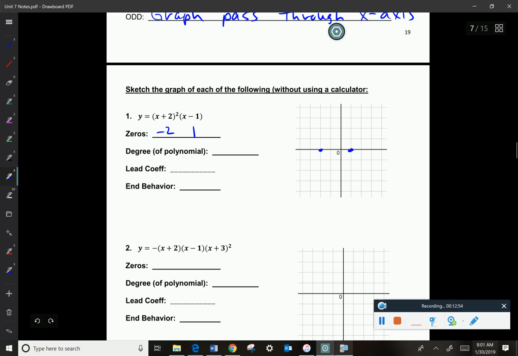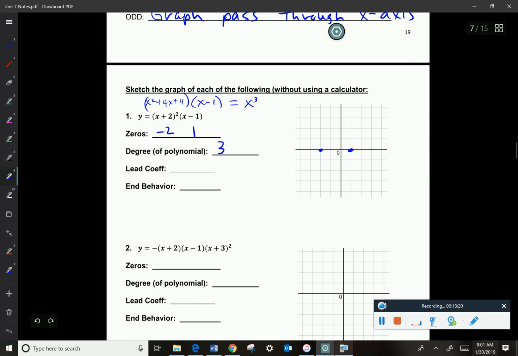And if I took that big old term and multiplied it by an x minus 1, do you see that overall our degree for the entire polynomial would be 3, right? Because if I actually did it, I would have x squared plus 4x plus 4 from the first part. And if I took that and multiplied it by x minus 1, if I went through all the multiplication, do you see that I would end up with an x cubed at the beginning? Okay, so the degree there would be 3.